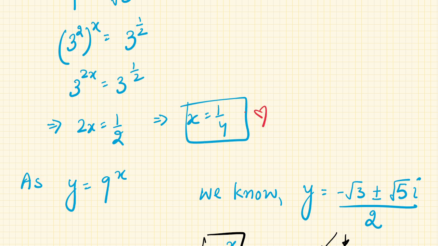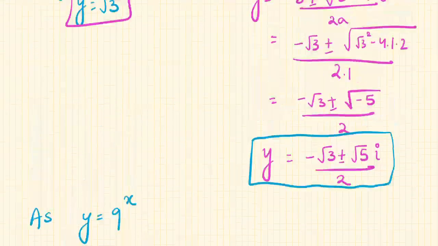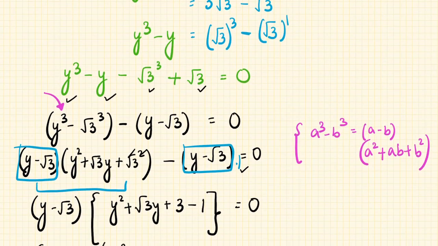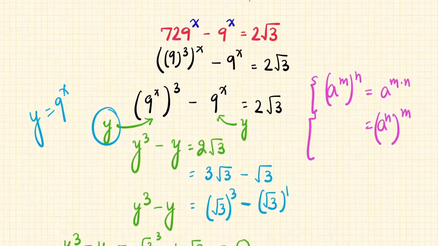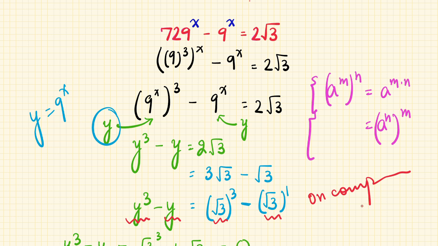Also, I know some of you would say we could have done it here only, when we were comparing, right? I literally wrote this is equal to this, so on comparison we could have said hence y is equal to root 3 and then just put it back in. But if you are solving it properly, we need to find all the possible solutions.